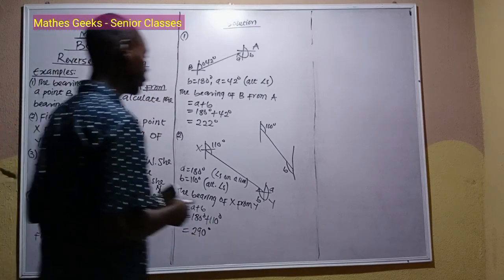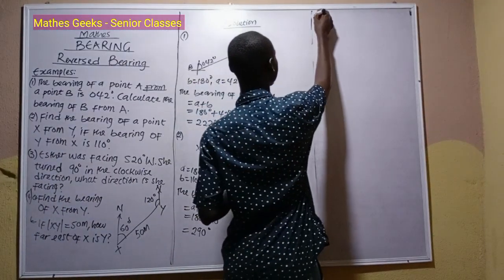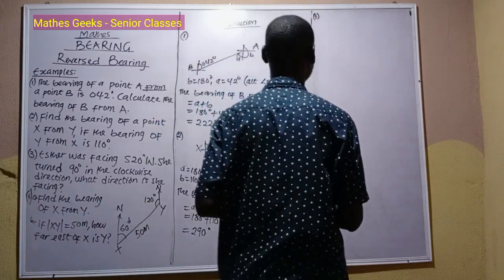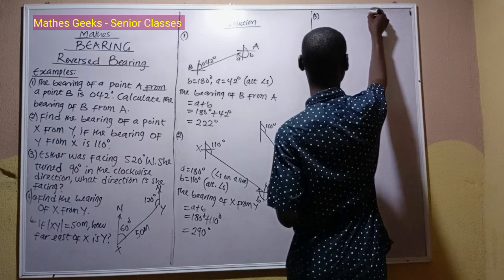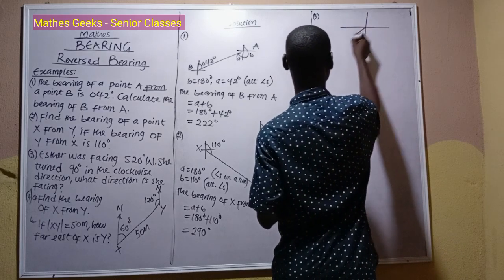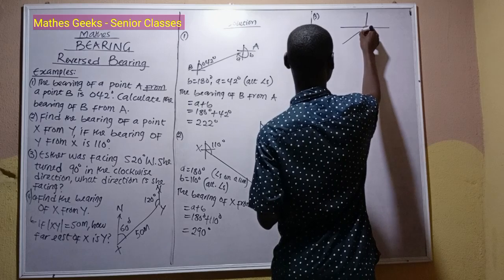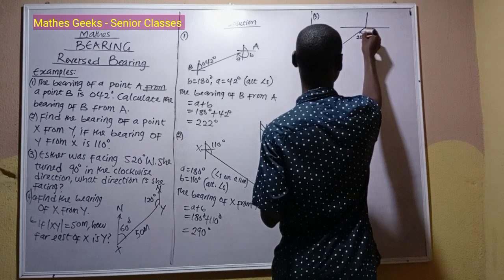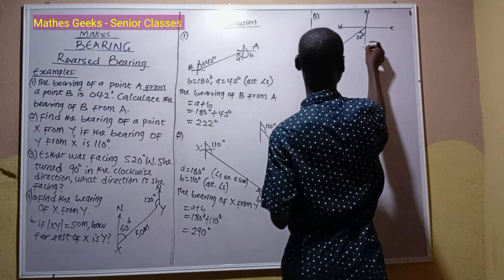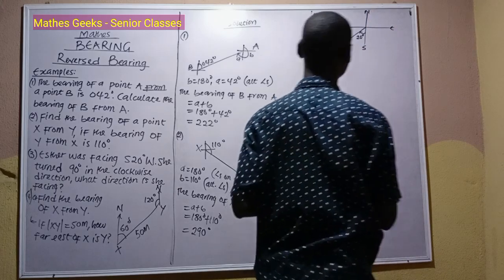Number 3. Esther was facing south 20 degrees west. Compass here: west, east, north, south. South 20 degrees west.